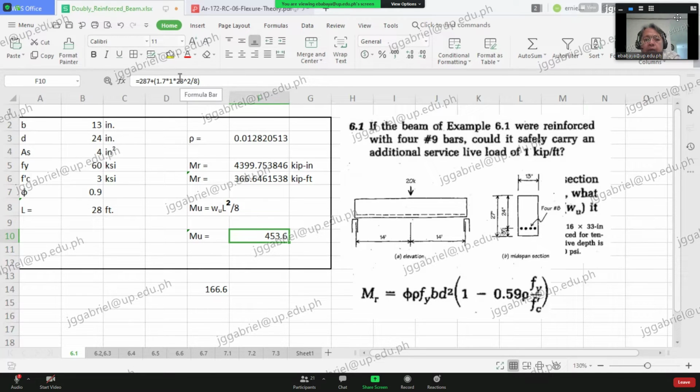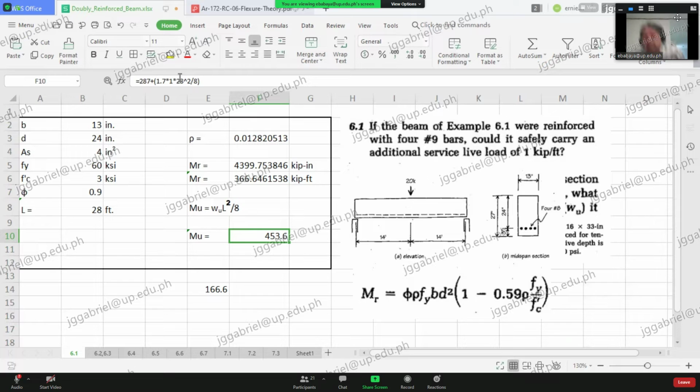So our formula for a distributed load is, remember, wL squared over 8. That's the maximum moment for a simply supported beam. Okay? I want you to memorize that already.